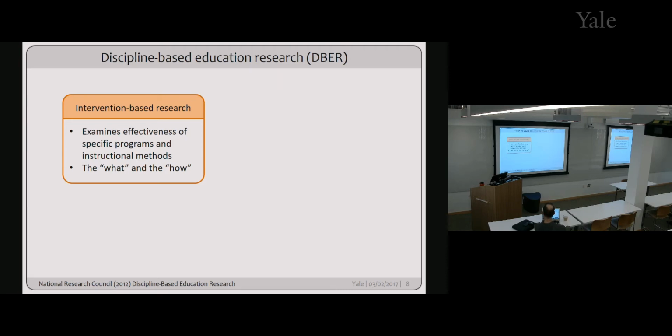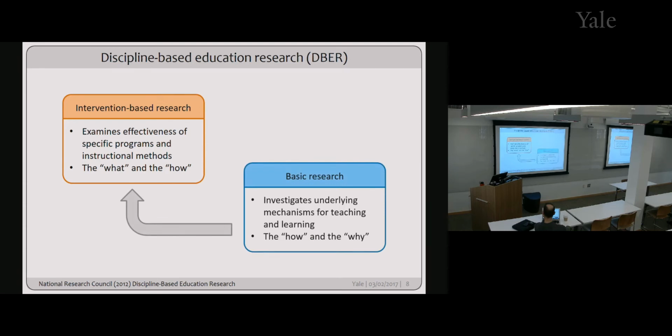And then those therapies or interventions should be supported by basic research, very much like a lot of the research done in my department in biological sciences, thinking about how the cell cycle happens and how that relates to cancer. In education, it's really how people learn fundamentally and how that informs what we do in terms of the interventions.